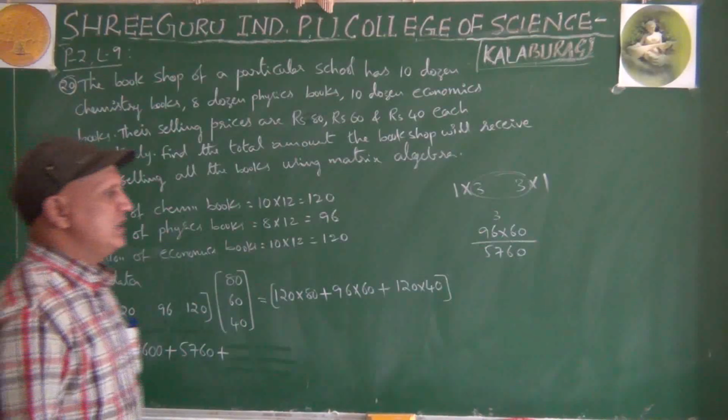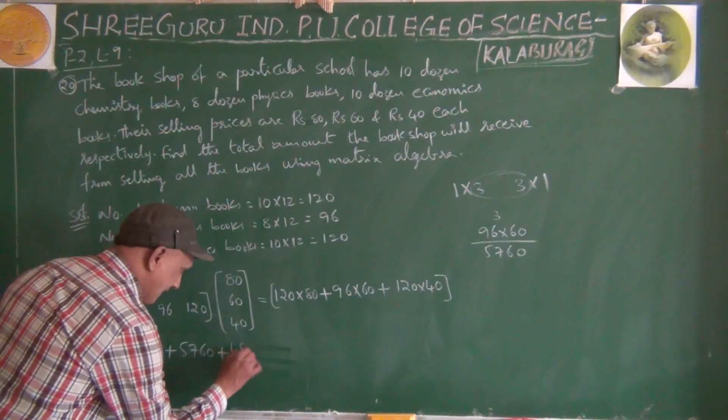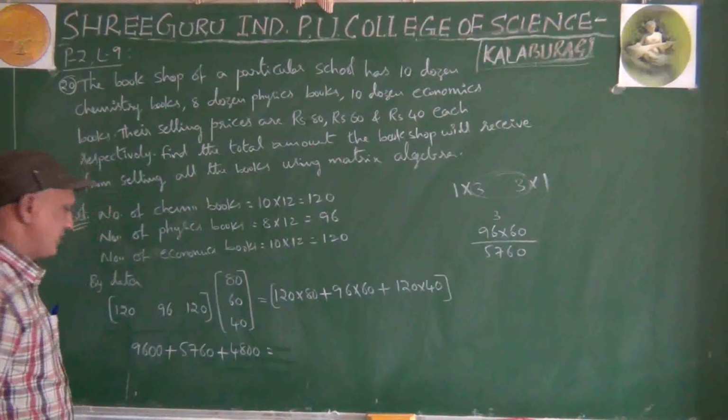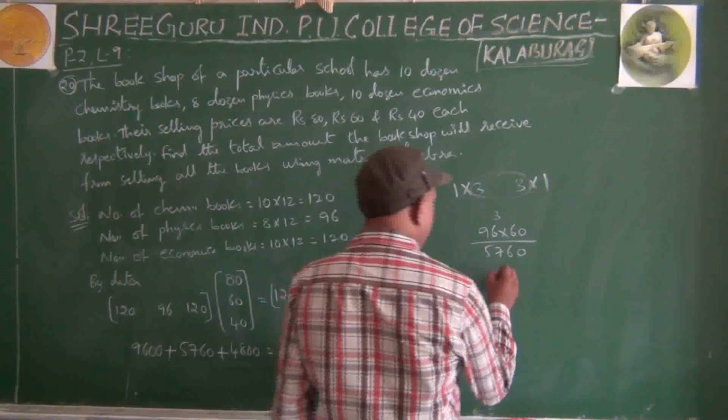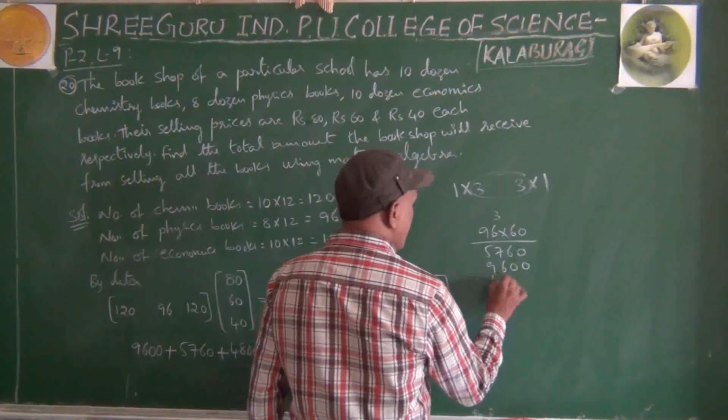Plus 120 into 40, 12 4s are 48. Equals 9600 plus 5760 plus 4800.